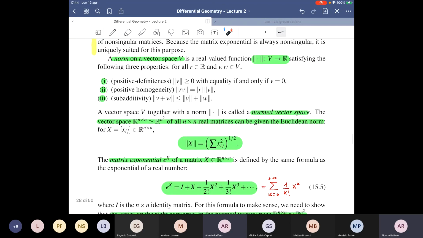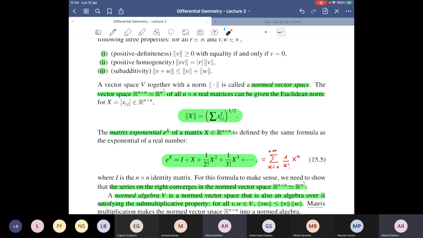It is positive definite and vanishes if and only if the vector is 0. It satisfies this homogeneity condition, and it satisfies this triangle inequality, the so-called subadditivity. This is what you call a normed vector space.